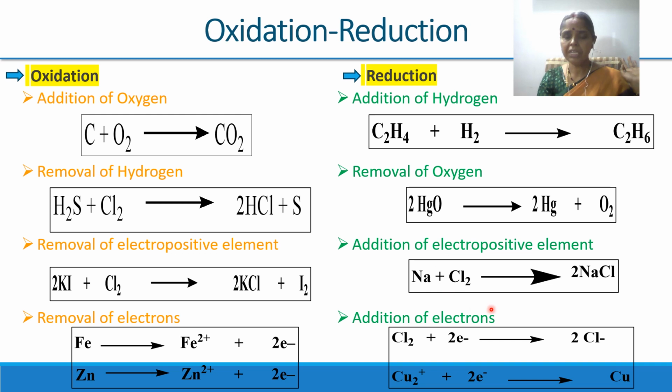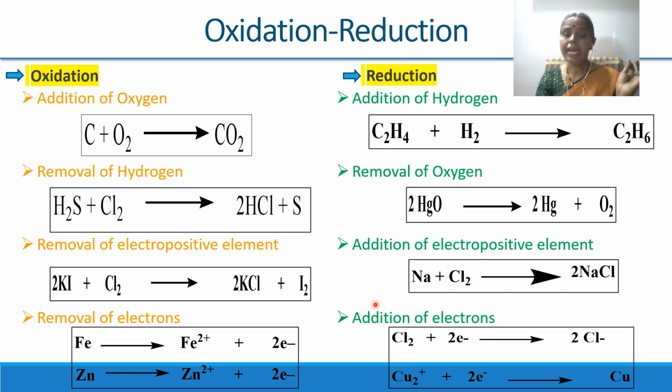Chlorine on the reactant side is having 0 oxidation state, chlorine on the product side is having -1 oxidation state, which means chlorine is getting reduced. Decrease in oxidation number is reduction. So it is 0 to -1 is reduction. Look at sodium. Sodium is having 0 oxidation state on the reactant side. On the product side, sodium is having +1 oxidation state. So sodium is getting oxidized, chlorine is getting reduced in this particular redox reaction.